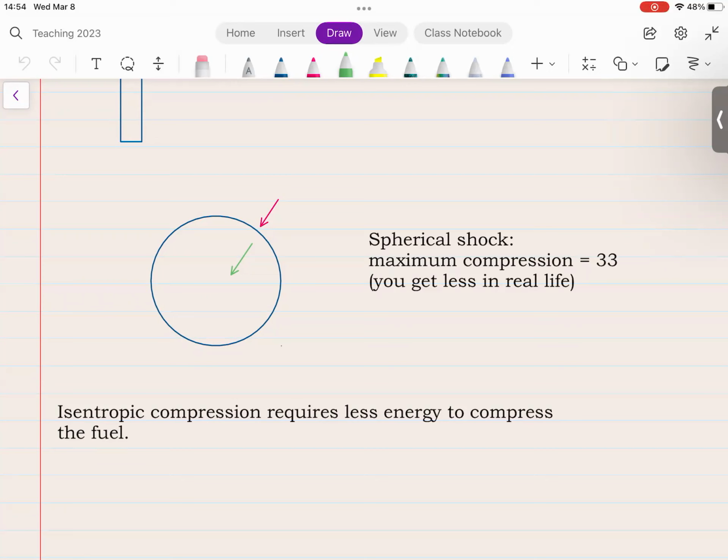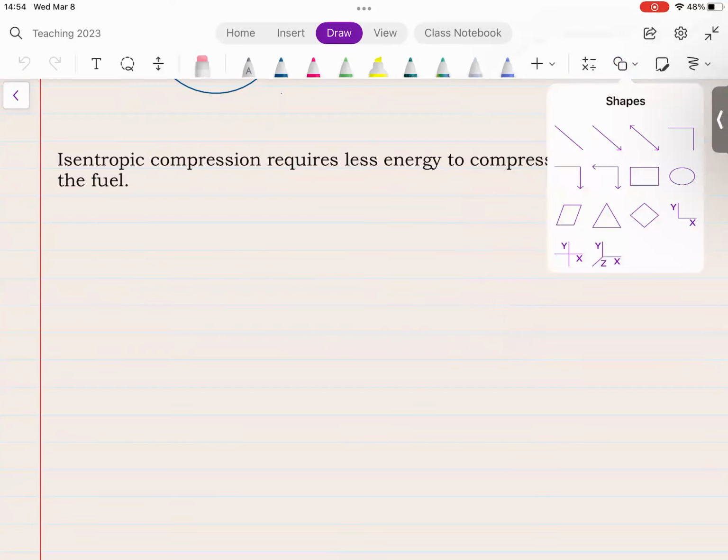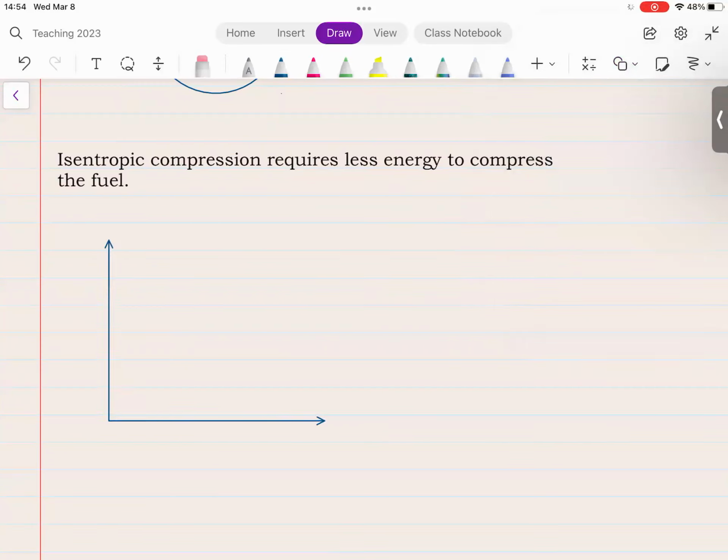Now, let me try to make a little sketch. Let's see if I can clarify what I mean. Let's say we have the specific volume, the inverse of the density, on the horizontal axis and the pressure on the vertical axis.